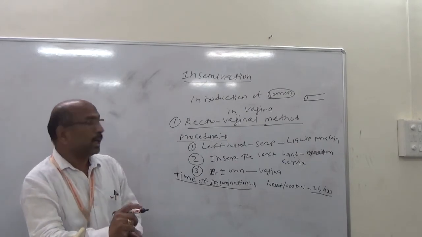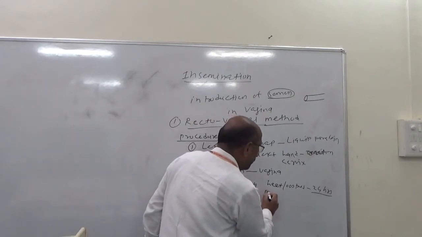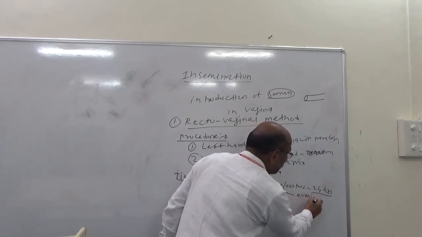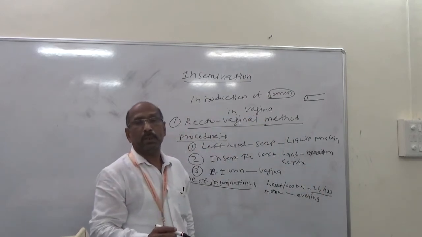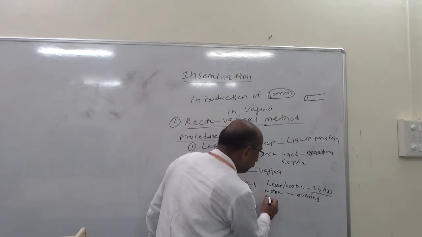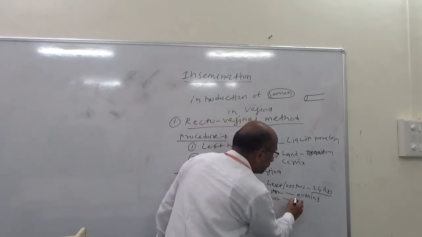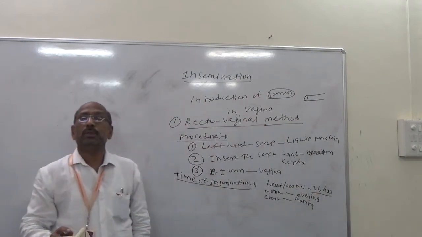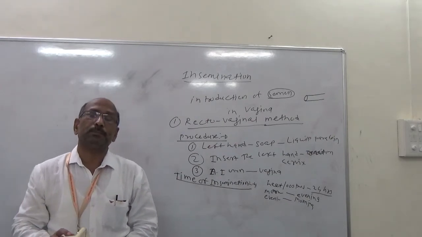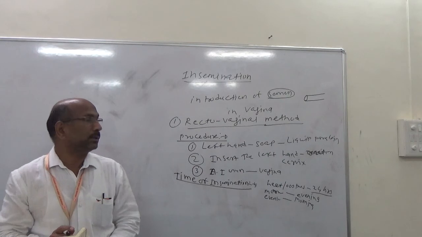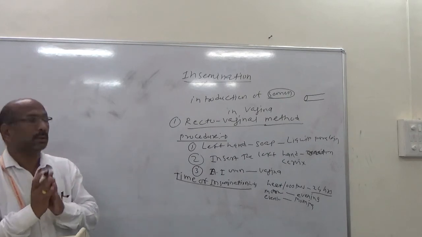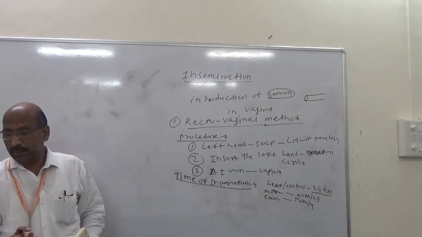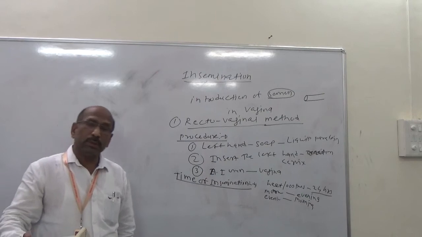When cows come into heat in the morning, semen should be deposited in the evening of the same day, and when cows come into heat in the evening, semen should be deposited the next morning, because after 24 hours the cervix becomes closed. So the insemination period is 24 hours.